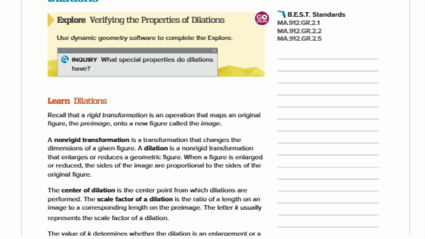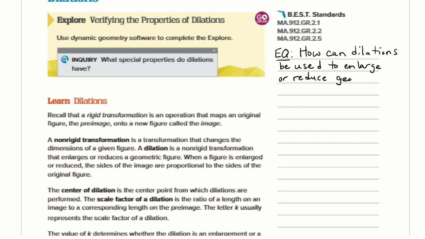So our essential question today is, how can dilations be used to enlarge or reduce geometric figures by a scale factor?